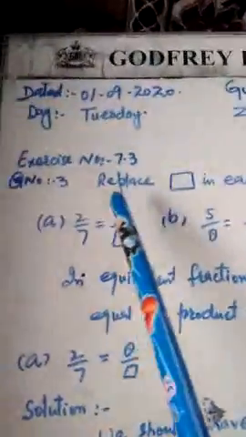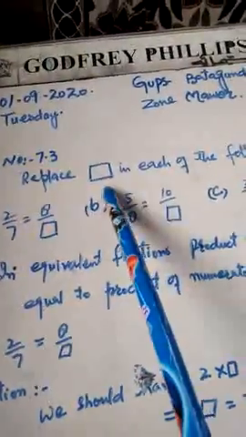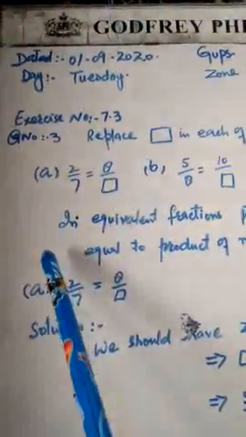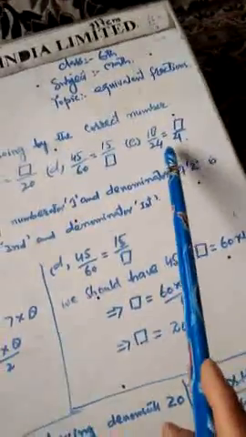We are asked to replace the blank space in each of the following by the correct number, so that the two fractions will be equivalent. There are parts A, B, C, D and E, 5 parts of this question.